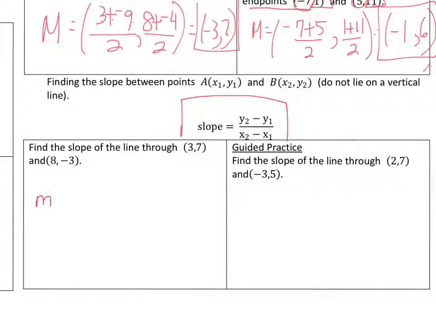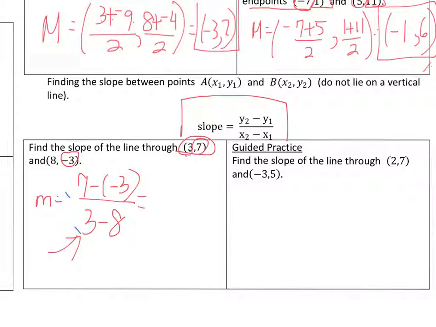The slope: 7 minus this one, and 3 minus 8. If I began with this point, I must go back to this point to take the difference of the x coordinates in the denominator. So 7 plus 3, 10. 3 minus 8 is -5 plus -2.